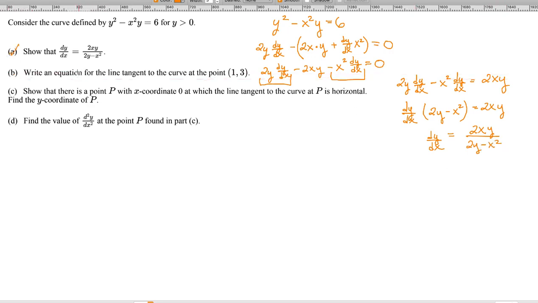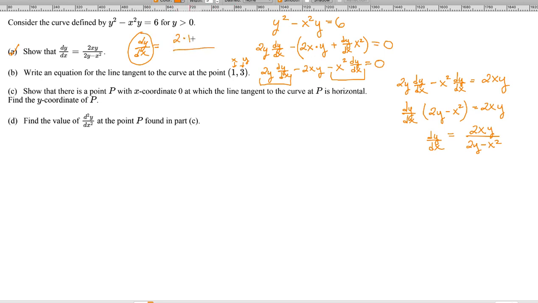Now they want us to write an equation for the tangent line to the curve at the point (1, 3). So the equation for the tangent line involves finding the slope of that tangent line. The slope of the tangent line is given by the derivative dy/dx, and I have an expression for dy/dx. So the slope of the tangent line when x equals 1 and y equals 3: I plug in 1 for x and 3 for y.